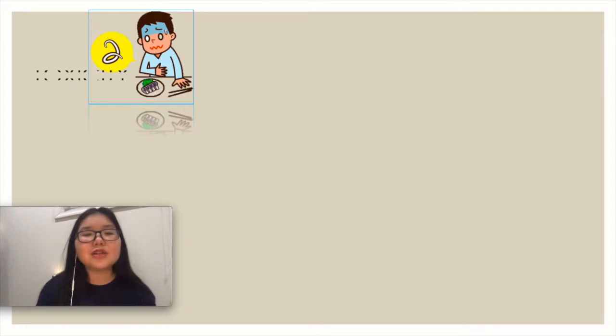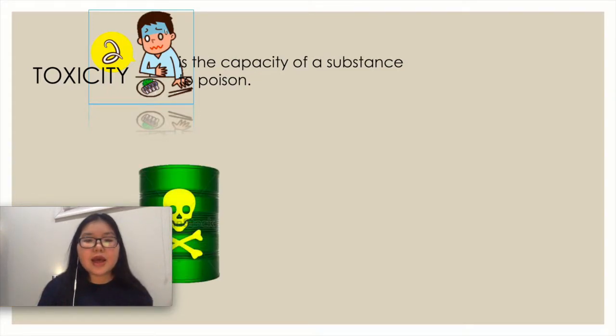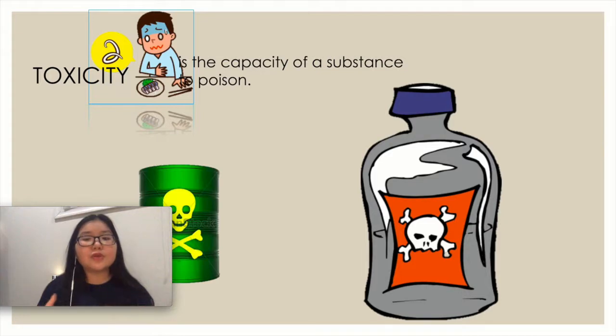So the next section is toxicity. Toxicity is, as you can see in the pictures, then you can easily guess that this is the capacity of a substance to poison. Poison in here is to harm, to get danger. So in here, I will give you the pictures so you can easily imagine what exactly it is.